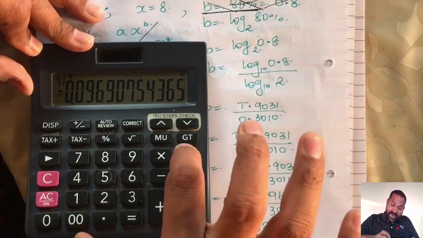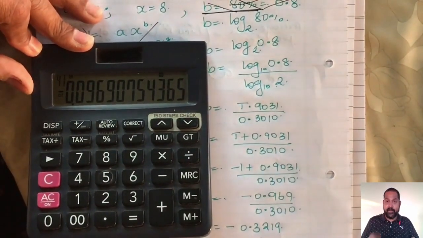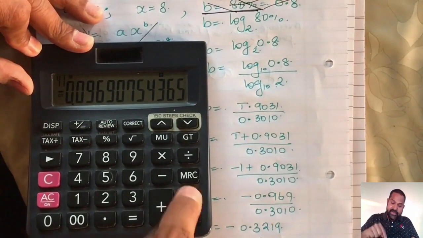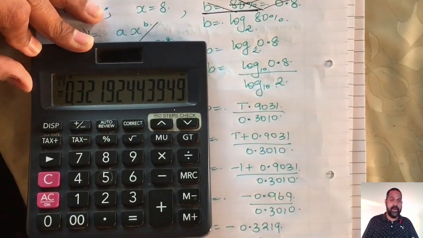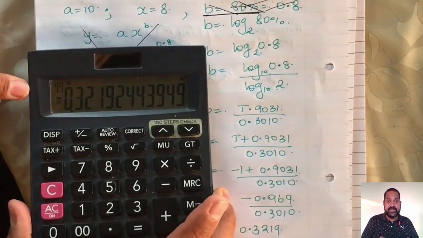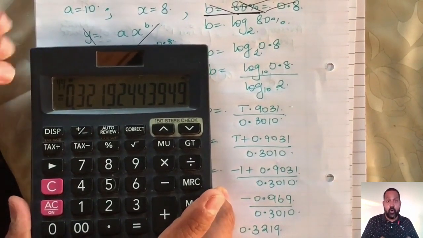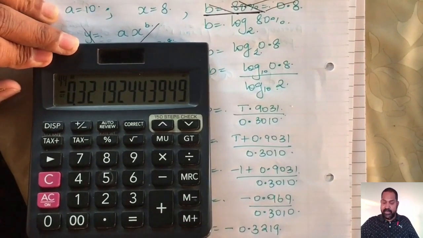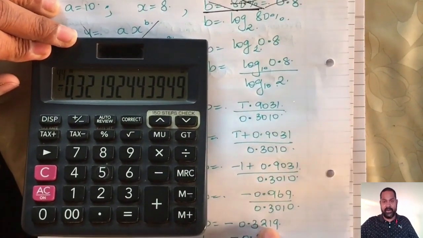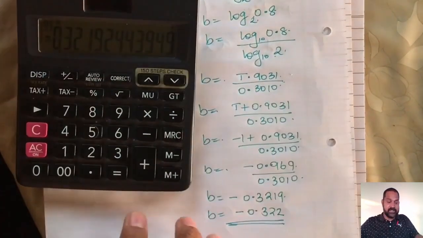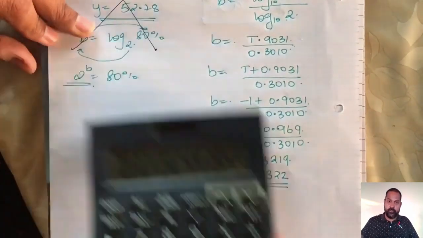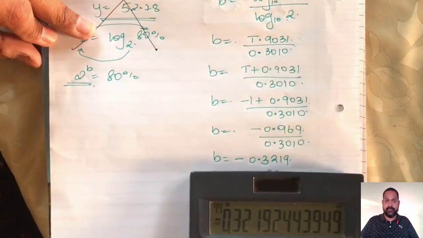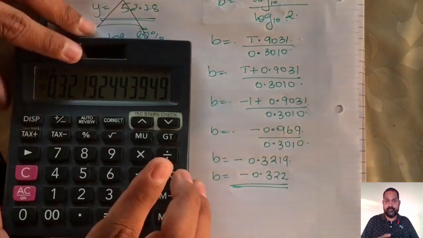Now divide that by the value in the memory. Divide, recall memory, press equal to. What do you get? A negative 0.3219, which is approximately equal to a negative 3.22. Isn't that the same? And that is how you get the value for B.